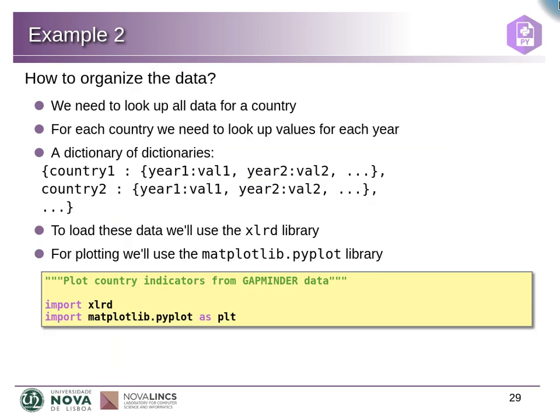So first, we need to organize the data. We have different countries. Each country can have different years for the values, so we cannot put everything in a neat table, but we have a good way in Python of associating pairs of values, of key and value. So we can do a dictionary for each country, and for each entry in that dictionary, we have another dictionary that has, for each year, what is the value.